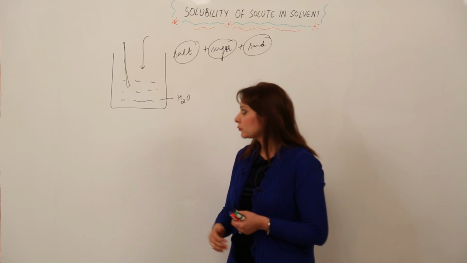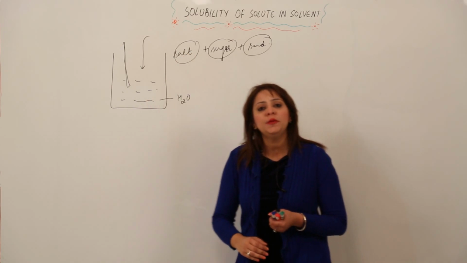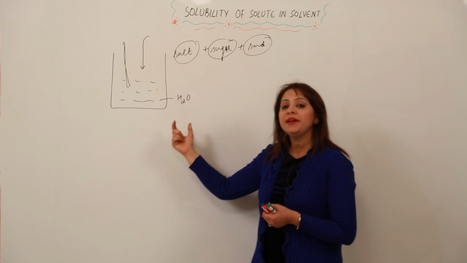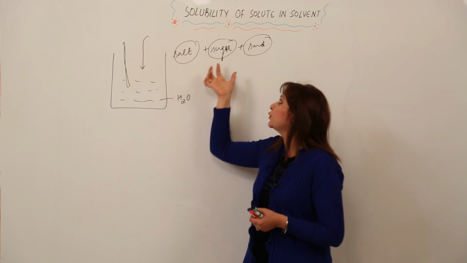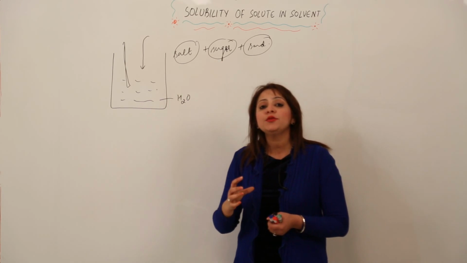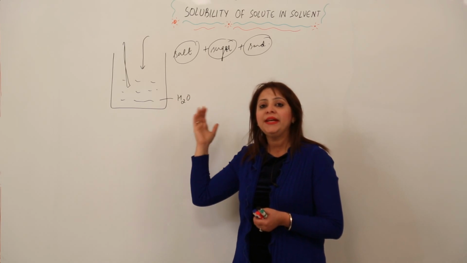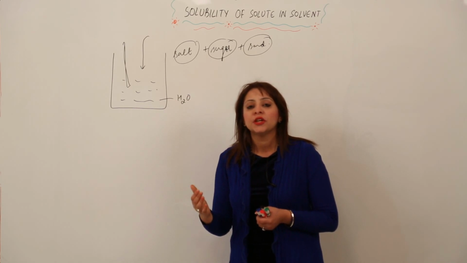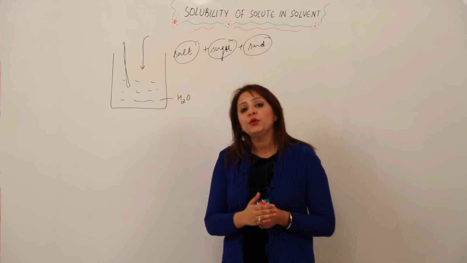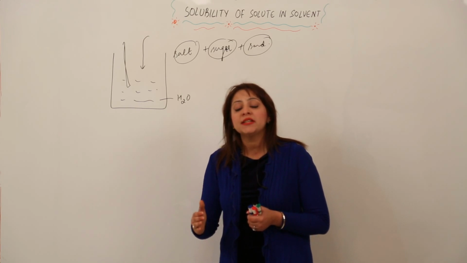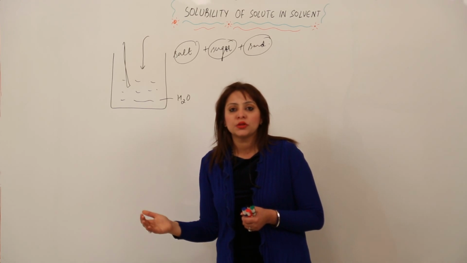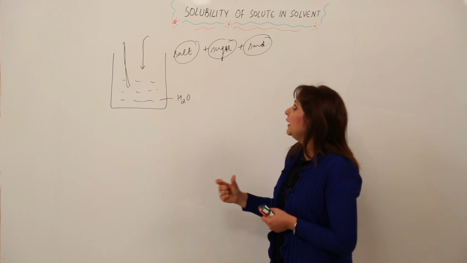Coming to the topic, solubility, this water has the ability to dissolve salt, sugar, and sand, but the ability to dissolve all these three is different for a different solute. So different solutes get dissolved in a given solvent in different amounts.